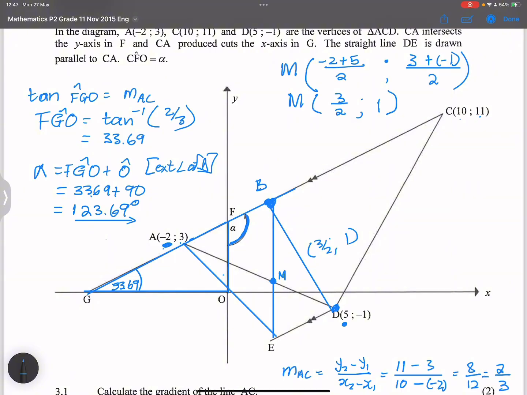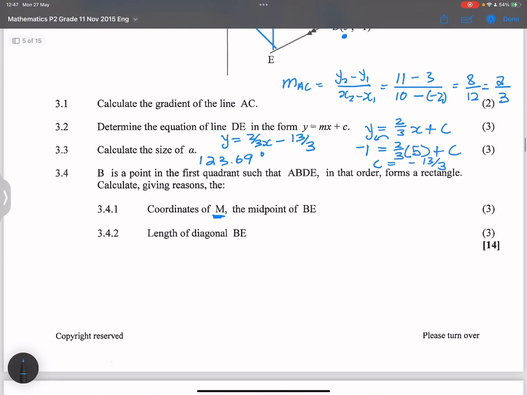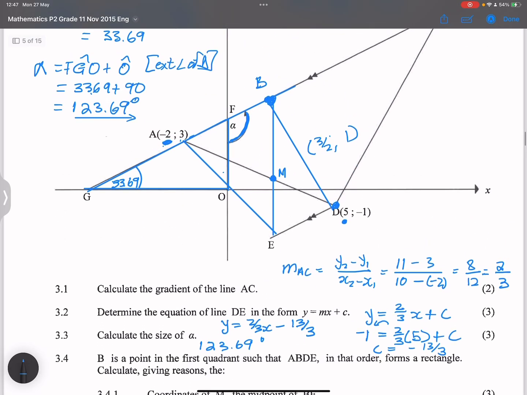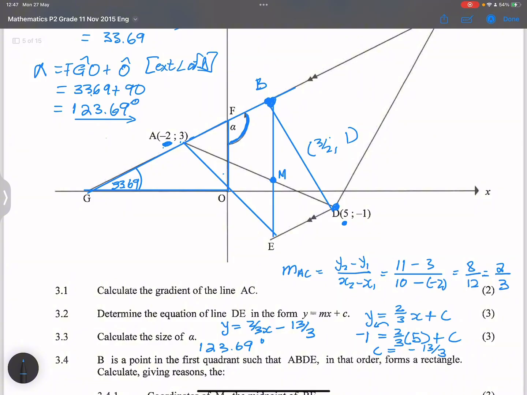Now they ask us for the length of diagonal BE. Note yet again, what do we know about the diagonals of a rectangle? We know that they are also equal. So BE should actually be equal to AD.